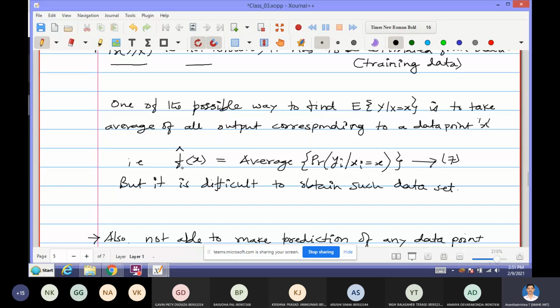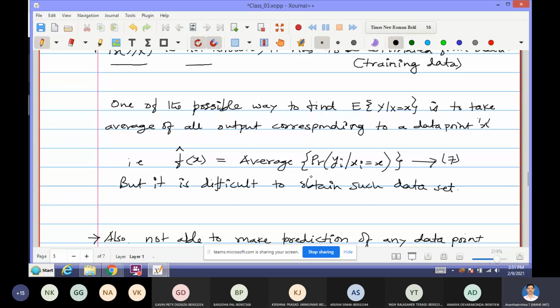The true function is different from the estimate. So f cap of x can be obtained from this same conditional probability, as the average of those. That's one way we can obtain it.